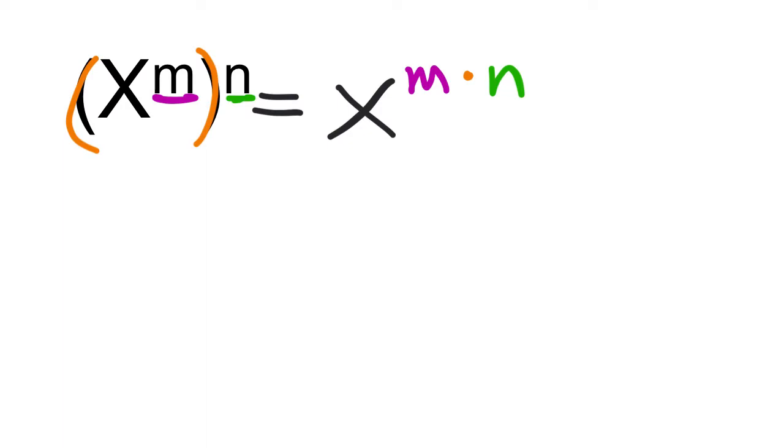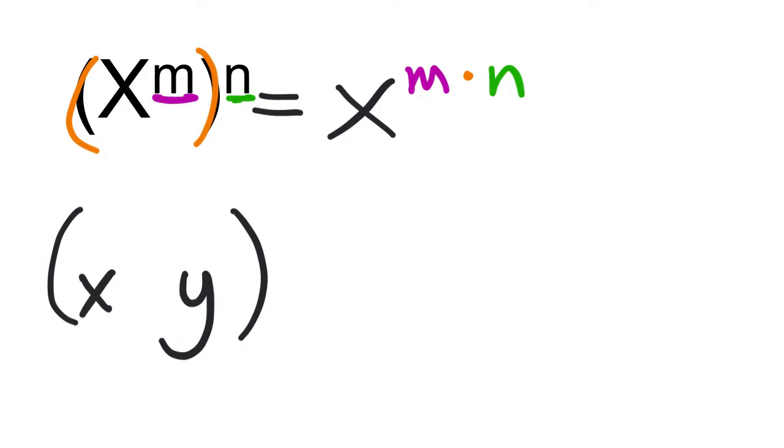And it's true also, just like we've seen with these operations when we were doing addition and subtraction, it's possible to have many bases on the inside of that parentheses. So in that case, it may look something like this one. We'll still use x and y. Let's say the x had a power of a, y had a power of b, and all of this was to some power c like this.